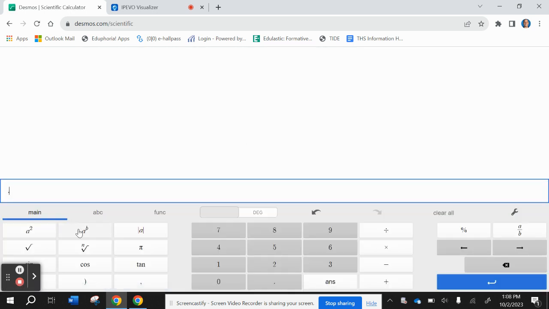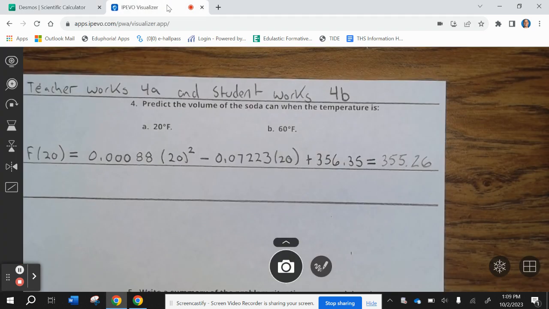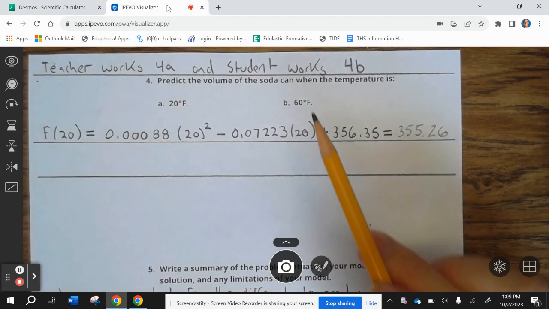So point so then that would be 355.26. Okay, all right, student works 4B.